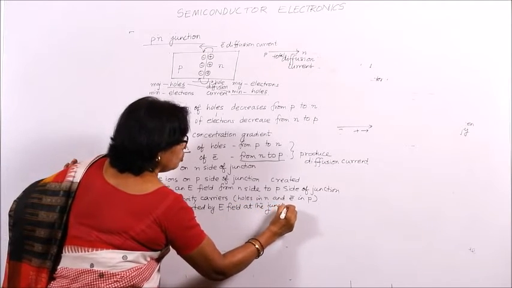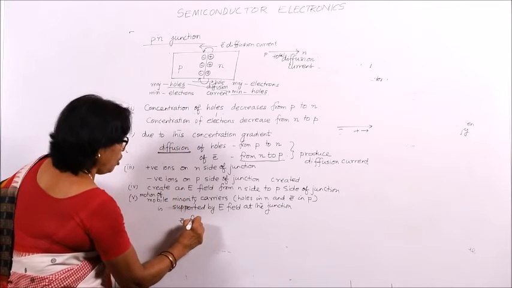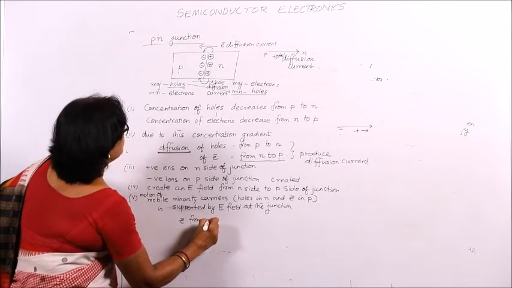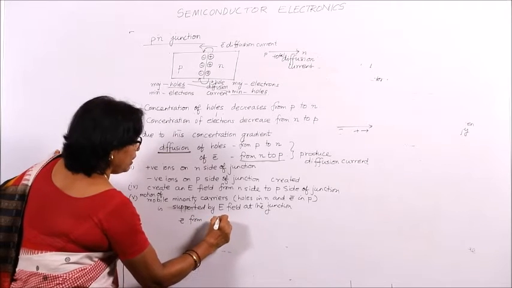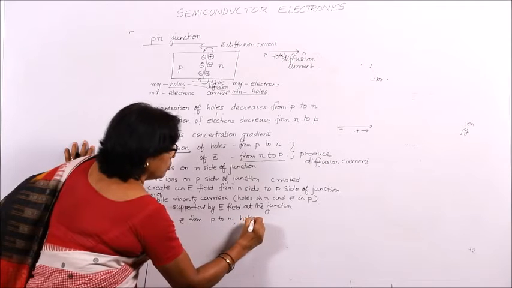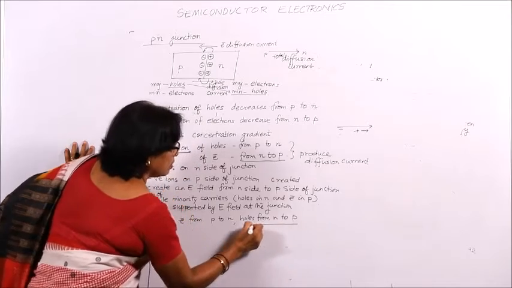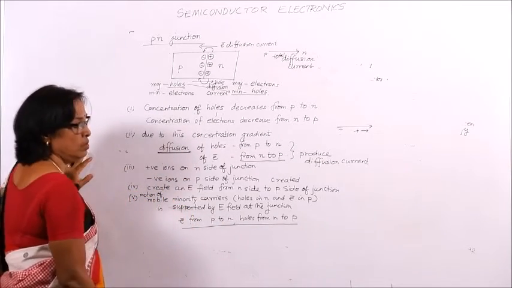So electrons from P to N and holes from N to P will move.